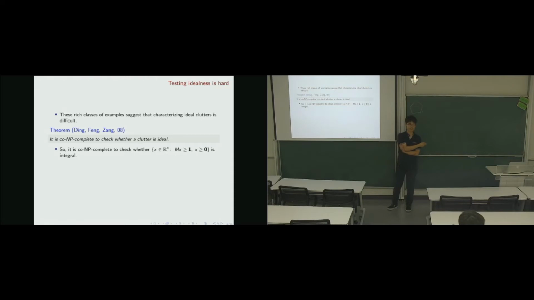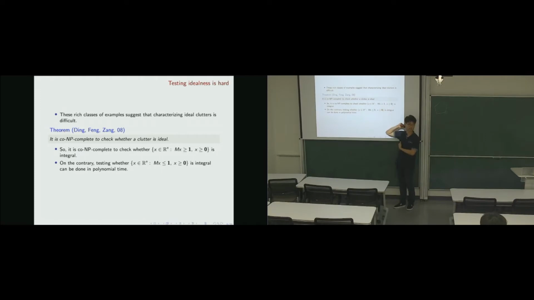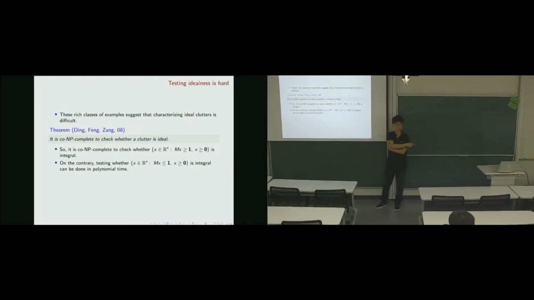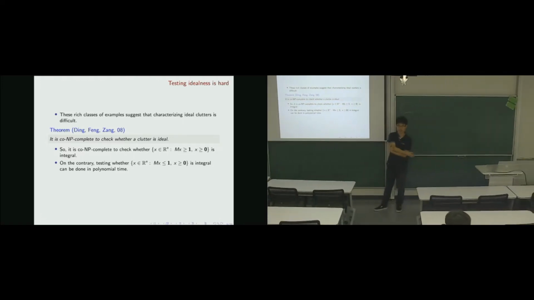Let me mention that if you switch the directions of this linear system, then the same problem becomes polynomial-time solvable. And the integrality of this system is relevant to what I call perfect graphs.